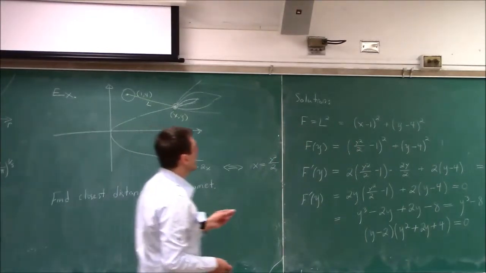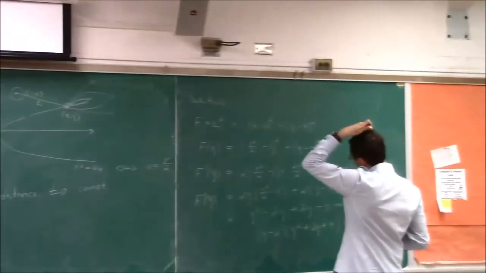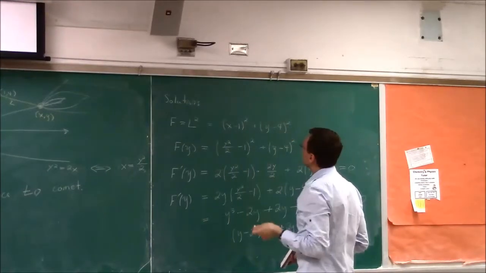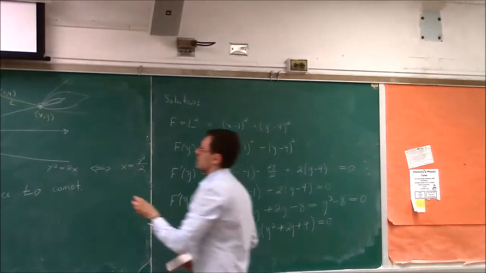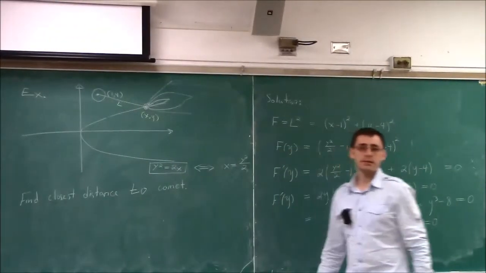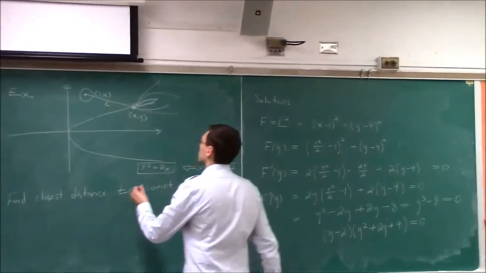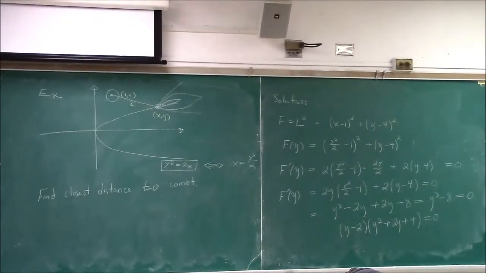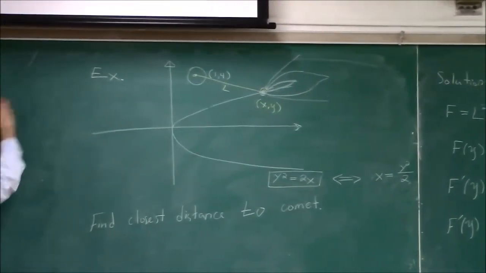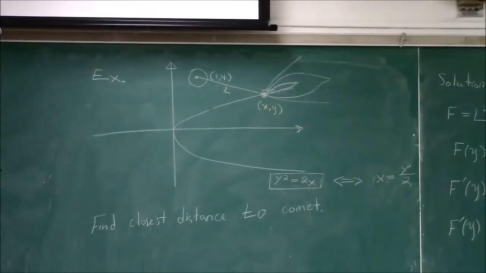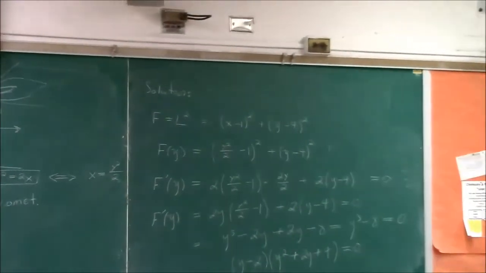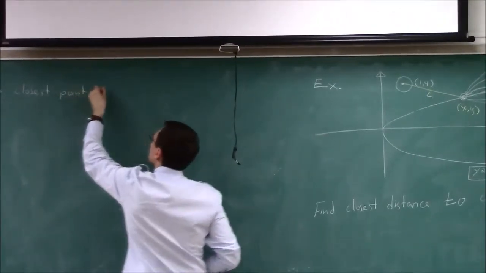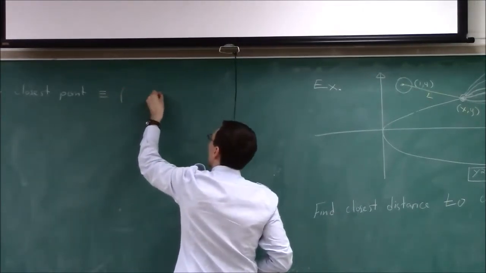The x coordinate can be obtained from here. Just solve this equation. So we now know the closest point corresponds to the coordinates y equal to 2.